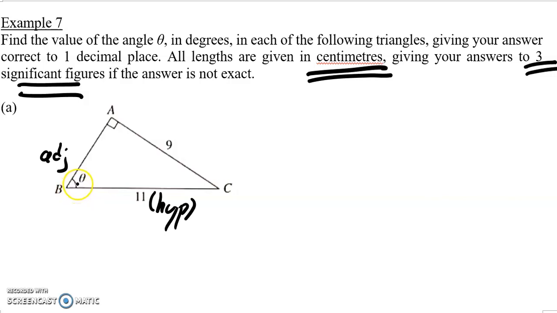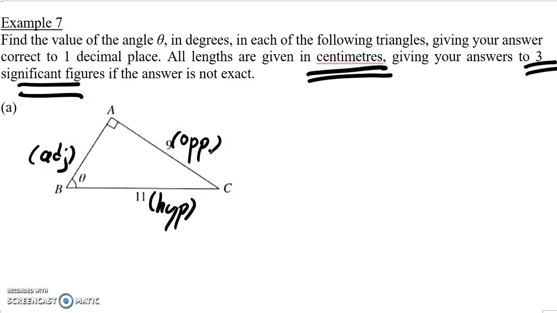And the last one will be opposite, which is AC, because AC itself is opposite to theta. So for us to find our angle theta, you need to first be able to identify what are the adjacent side, the opposite side, and the hypo side.